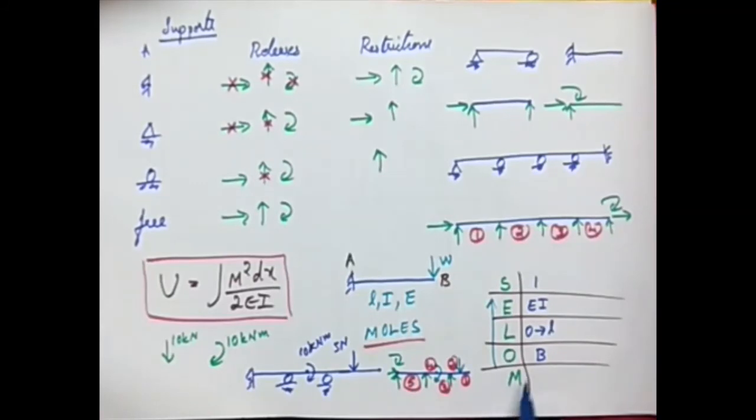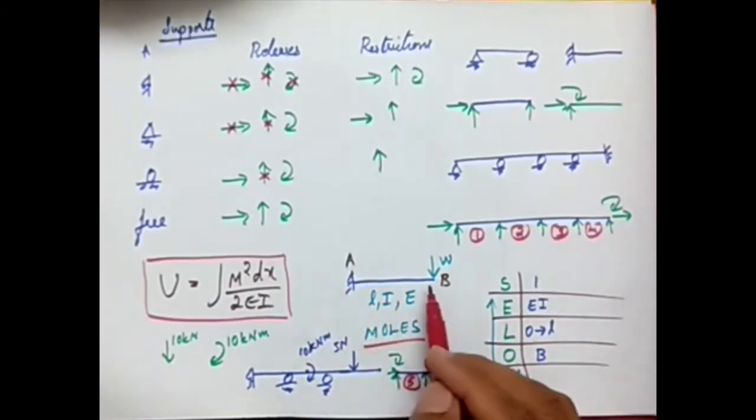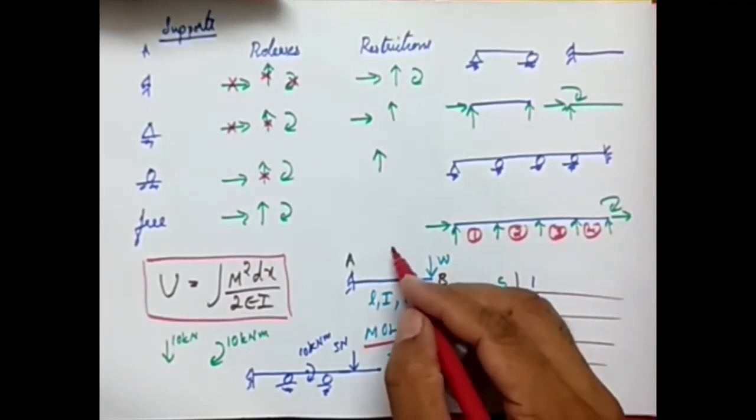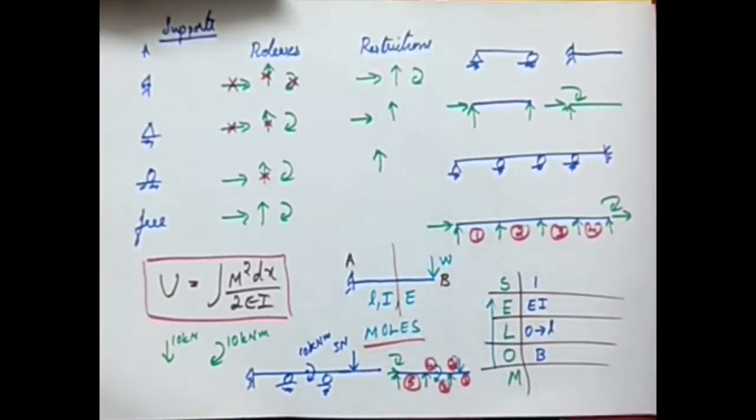Now I need to think about the moment. This M represents the bending moment, the expression for bending moment. To get that, in each segment, and now we are dealing with segment 1, just take a section at a distance of X from the origin. You need to be very careful, the distance should be from the origin.